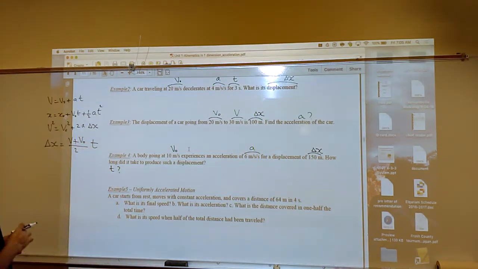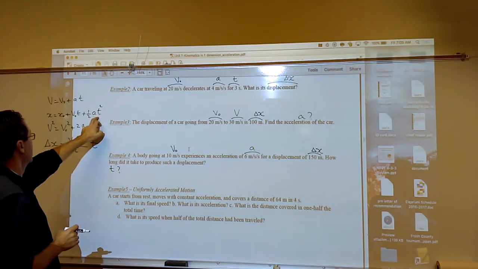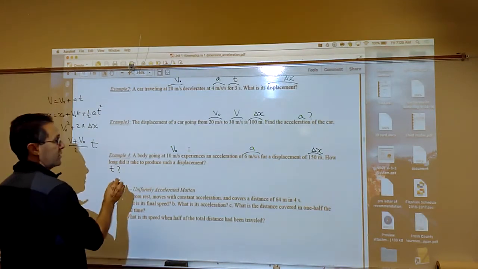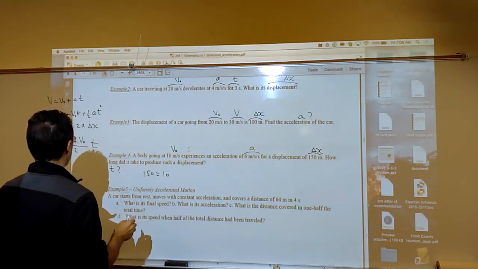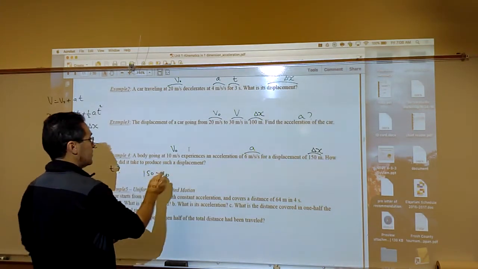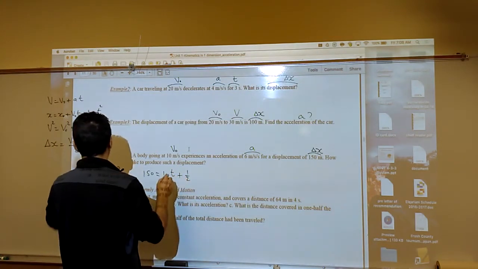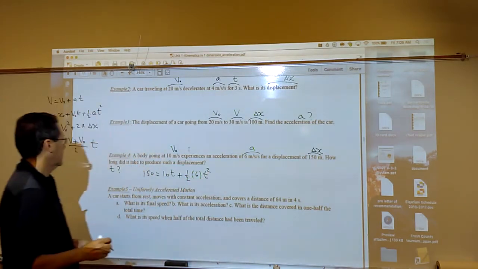Now, if you look at the equations, it looks like the one that doesn't have the v in it is the one that's going to cut it for us. So it looks like we have to use this one, right? Yep. So that's the one we're going to use. So I'm going to write 150 equals 10 times t plus 1/2, and this is after you write the equation, obviously, t squared, okay?